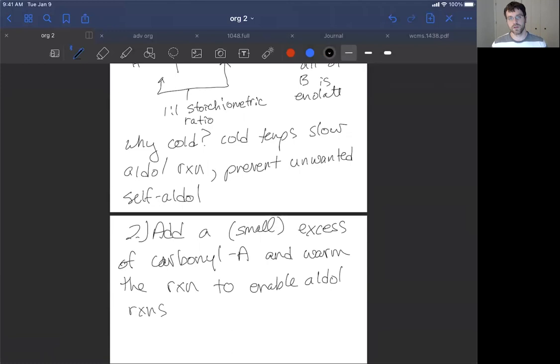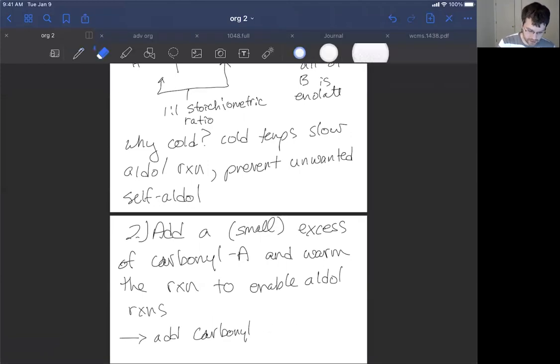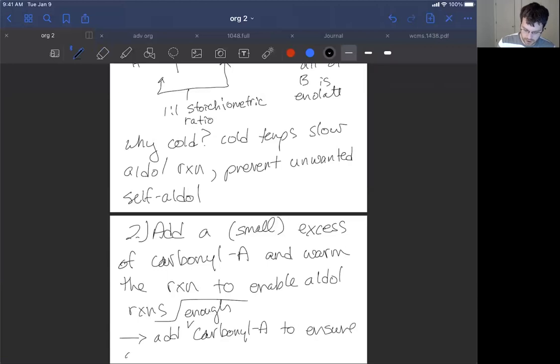Okay, so what's happening here? Number 1, we want to add enough carbonyl A to ensure all of enolate B is consumed.